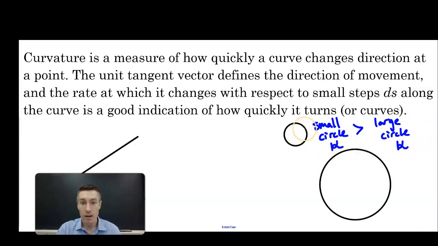And if we think about it, if we move along the same arc length on either circle, the unit tangent vector is going to change directions more quickly for the smaller circle than it is for the larger circle. The circle is less curved the larger it is at a given point.